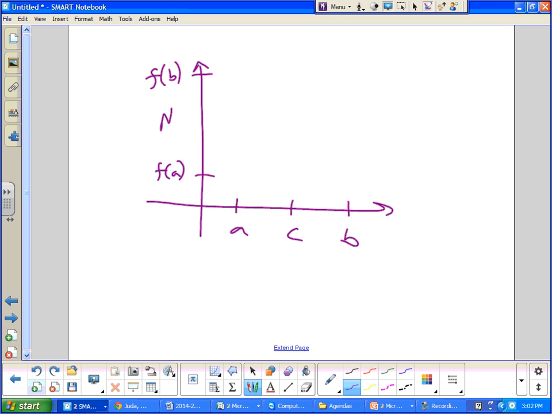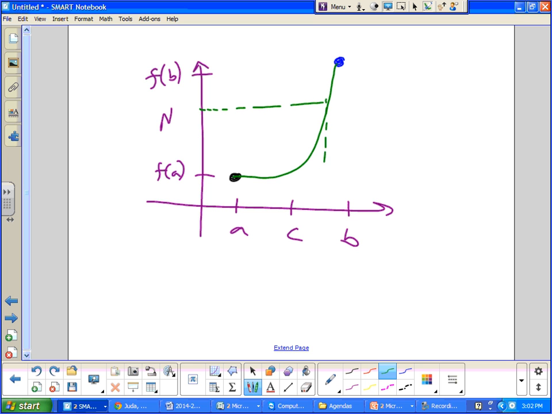And I say, oh, there's point A, f of A, and here's point B, f of B. Is there any way for a continuous function to go from the black dot to the blue dot without passing through N? No. Now, I can try, but eventually if it's going to be continuous, somewhere that C value is going to hit.